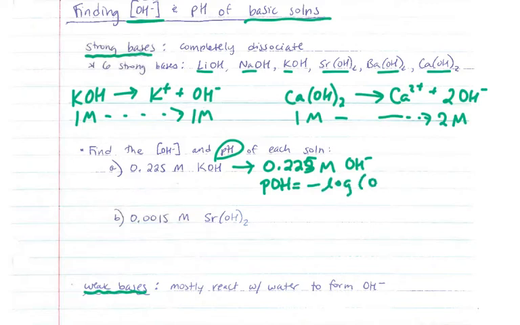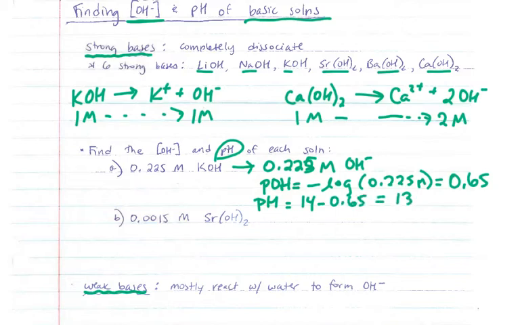So the negative log of 0.225 molar, and that gives us a pOH of 0.65. And then I can find the pH by doing 14 minus 0.65 equals 13.35, which makes sense. This is a strong base. I expect it to have a basic pH, and a high pH is basic.